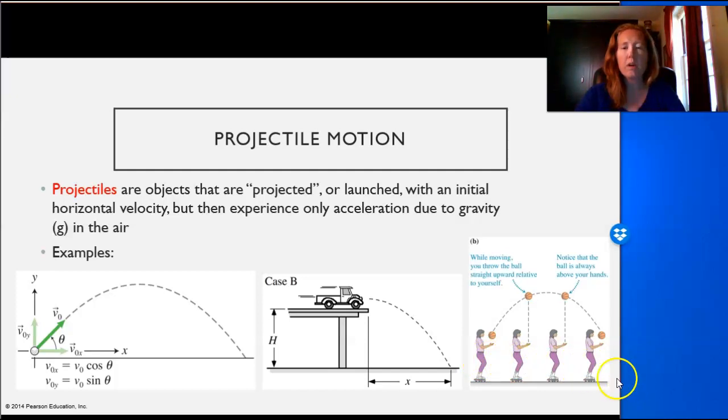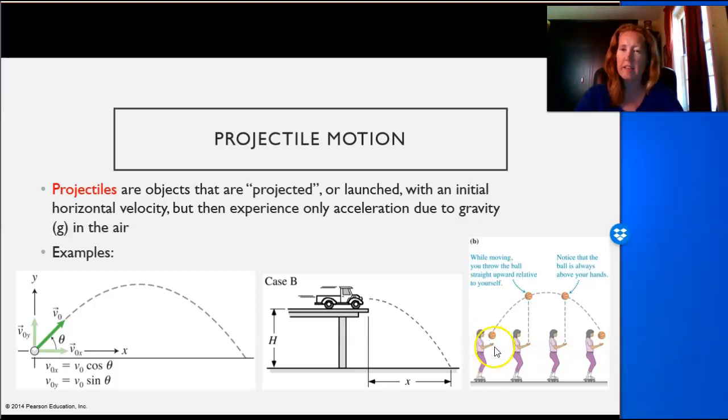If you are an observer watching that, you would see this as projectile motion of the basketball, because the basketball has forward motion from the fact that she has forward motion. So that counts too.